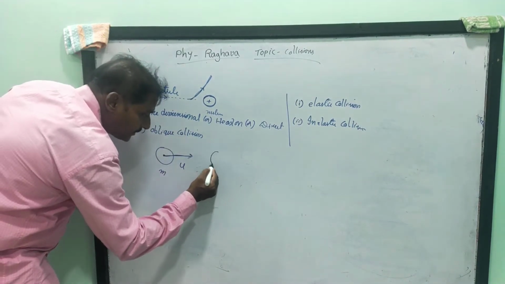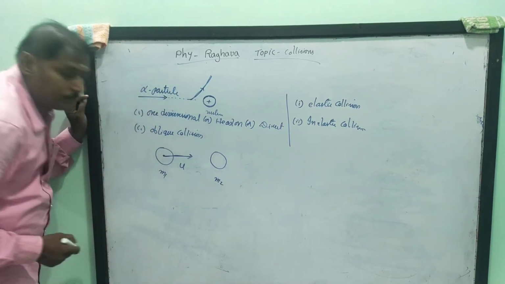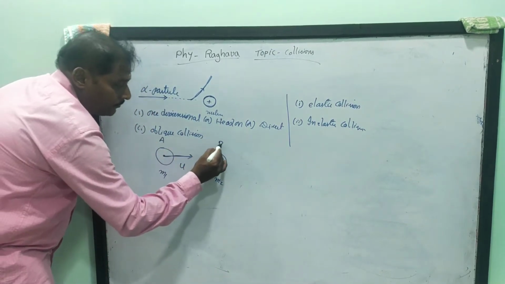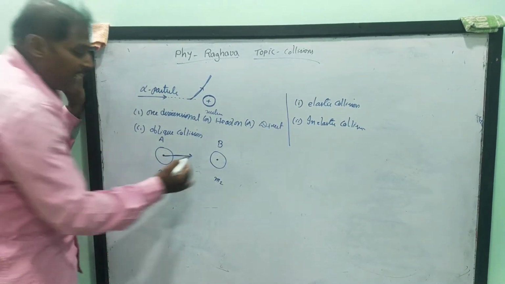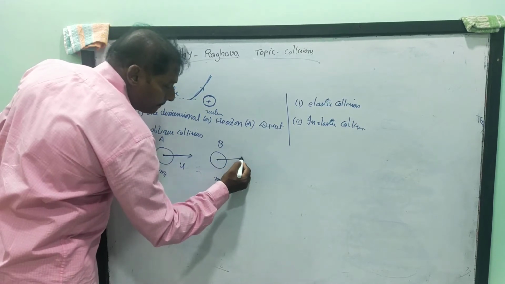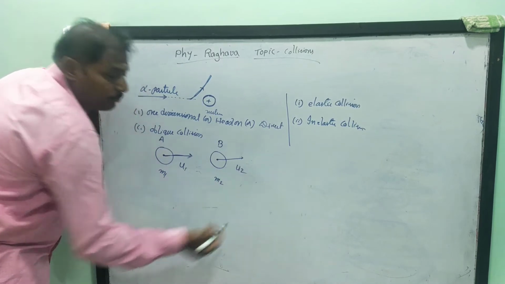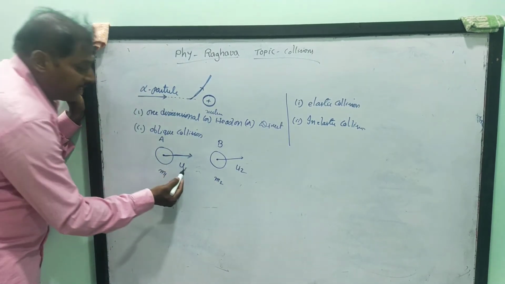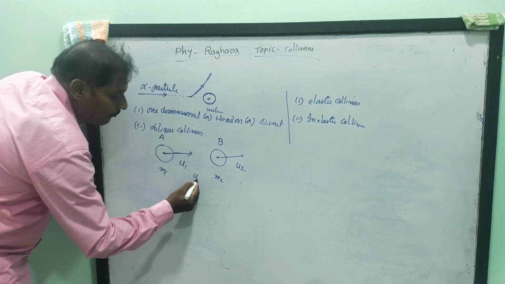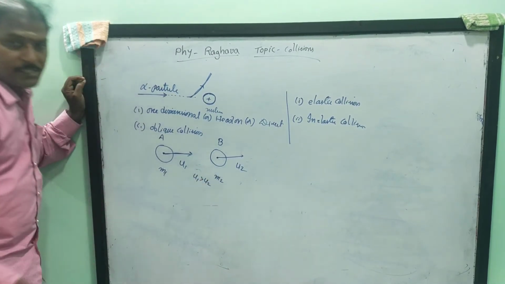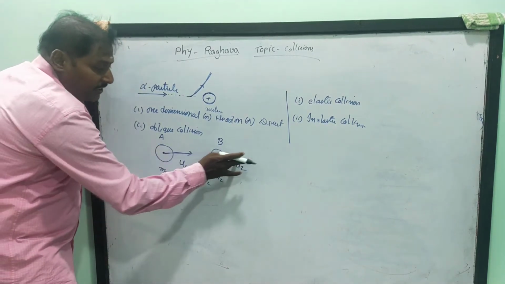Another body of mass m2 has its center of mass and line of motion too. They move in the direction represented in the figure, and the velocity of the first body is greater than the velocity of the second body.